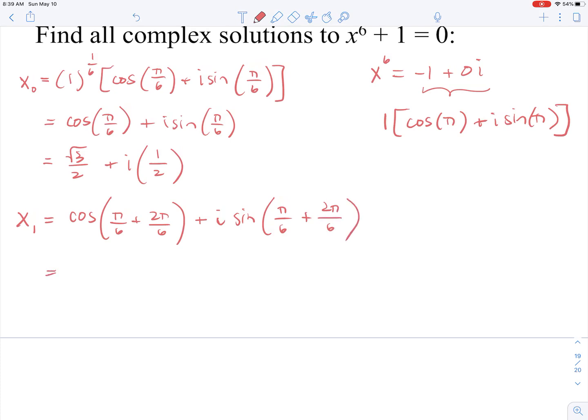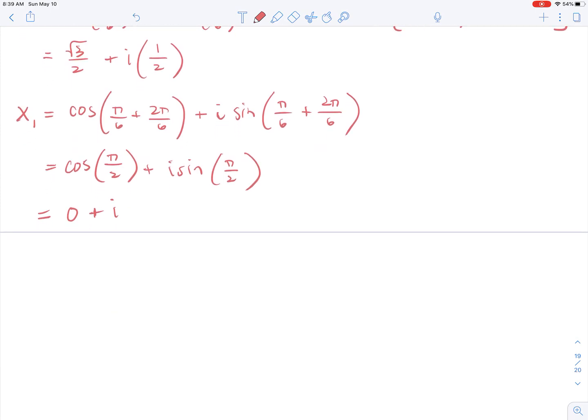And I'm not going to simplify 2 pi over 6 since I'm adding the fractions, and that allows me to have a common denominator. Pi over 6 plus 2 pi over 6 would be pi over 2. So that would be the second solution in polar form. Cosine of pi over 2 is 0. Sine of pi over 2 is 1. So 0 plus i would be the second solution in rectangular form.